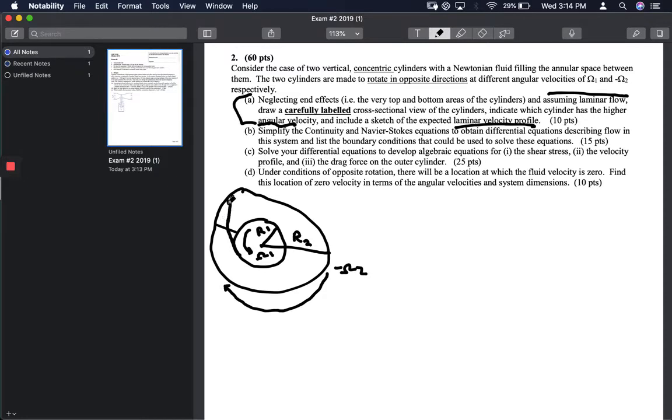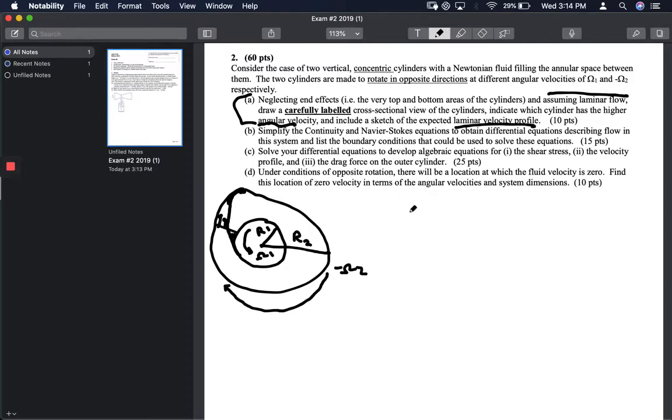So you want it to follow the curve, and obviously my drawing isn't the best, but you want it to follow the curve like this, and just indicate which way the velocity or the liquid will be moving.